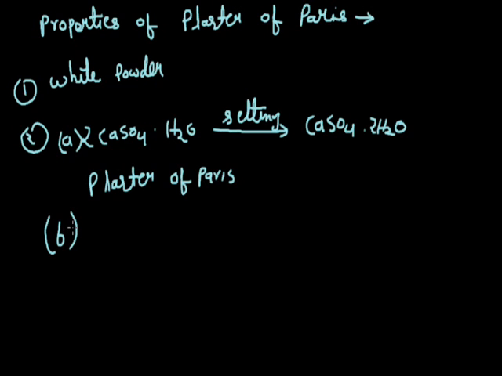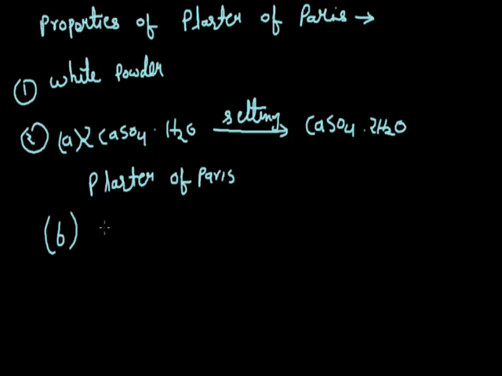Now in the second stage of setting, the orthorhombic form changes into the monoclinic form, that is called the hardening step. This one is called the setting step: A step is called the setting step and B step is called the hardening step.